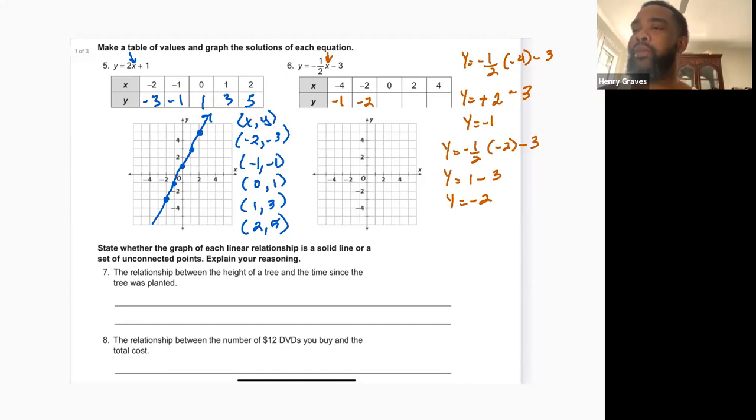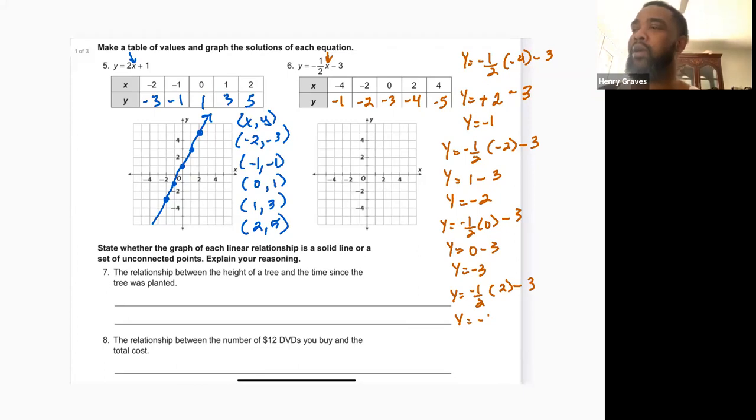But I'm going to do all of them anyways, just to make sure. -1/2 times 0 minus 3 means y is equal to 0 minus 3, which is -3. Then y equals -1/2 of 2 minus 3. So y should equal -1 minus 3, which is -4.